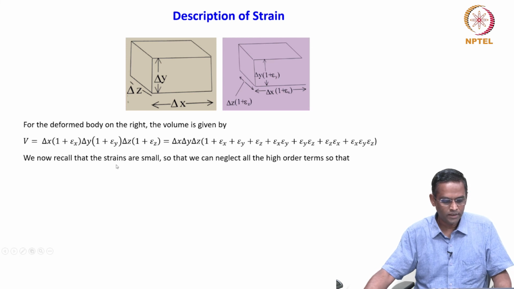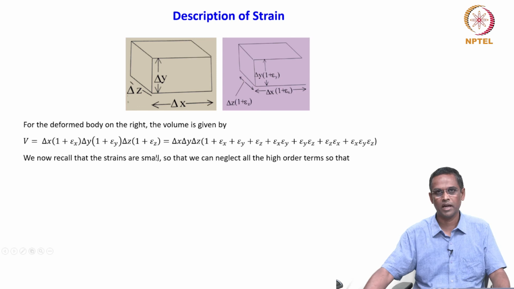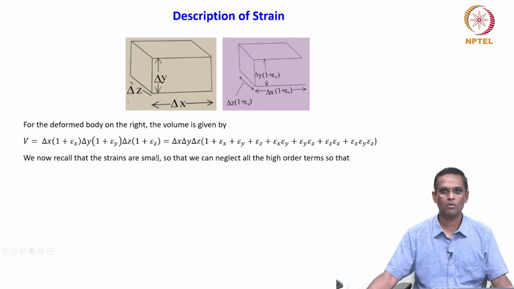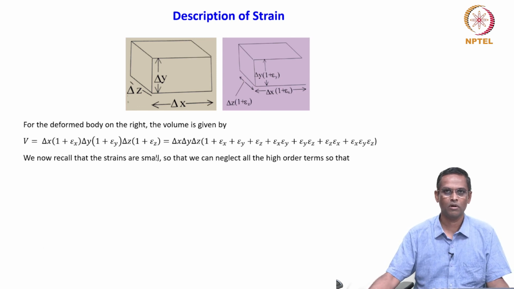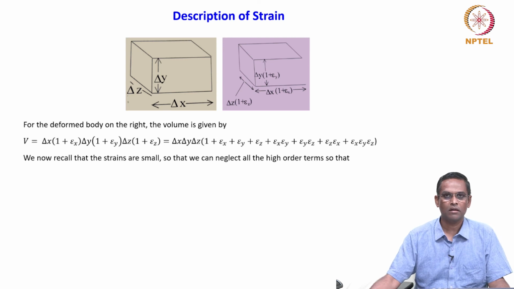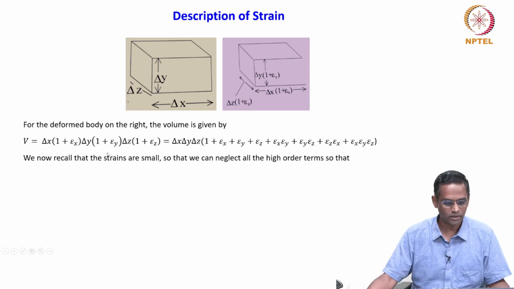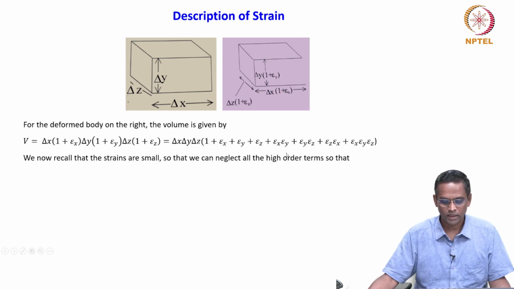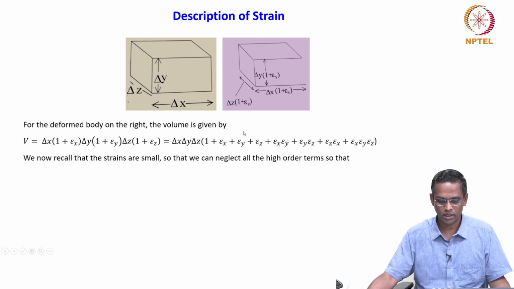So if we recall that the strains are small, this is what we have described in the beginning. Some of the relations we have seen before are valid for small strain. So here also we will be invoking this condition so that we can neglect the higher order terms, or just consider only the first term.